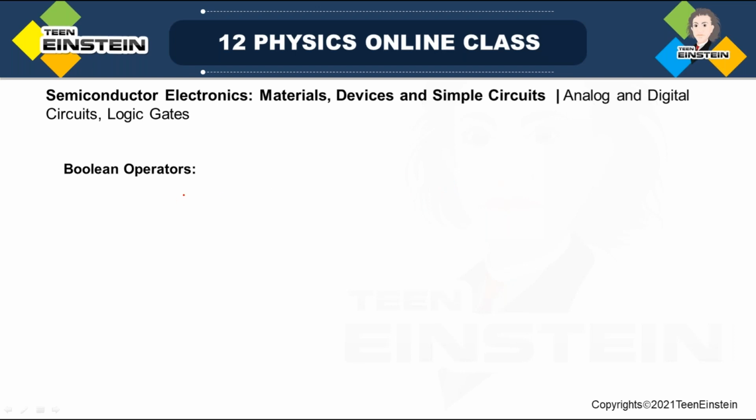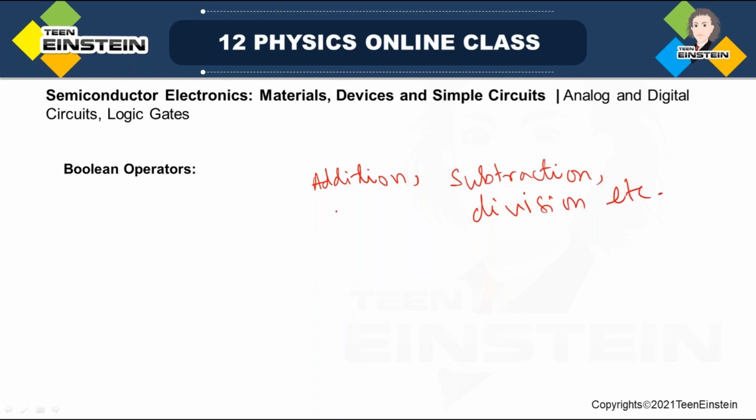We need to know what Boolean operators are. Just as we have various operations in normal mathematics, like addition, subtraction, division, multiplication, etc., similarly in Boolean algebra also there are a few operators.